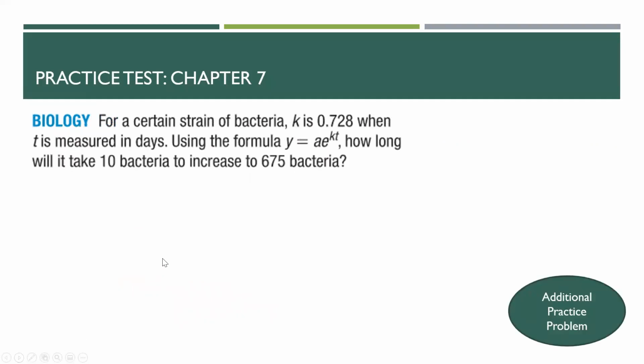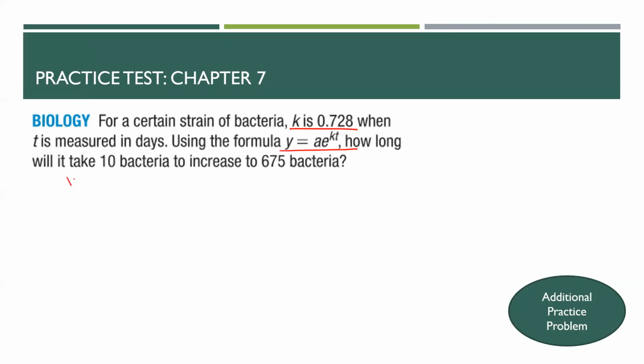Right, next problem. This is an additional practice problem, so you will have one very similar to this on the test. It says, for a certain strain of bacteria, K is 728 thousandths. It's already given to you as a decimal, when T is measured in days. Using the formula y equals a times e to the power of k times t, how long will it take 10 bacteria to increase to 675?